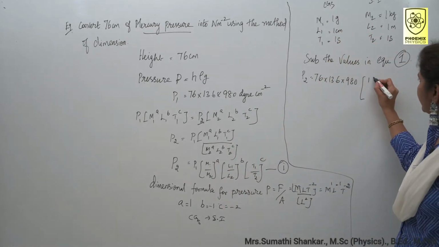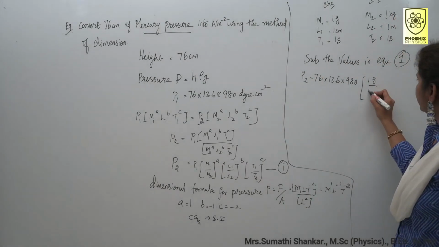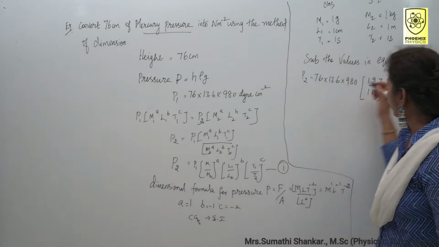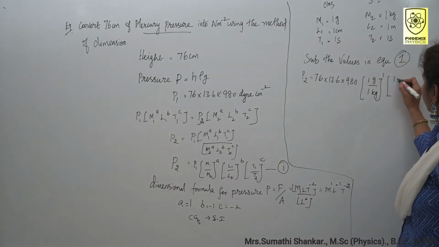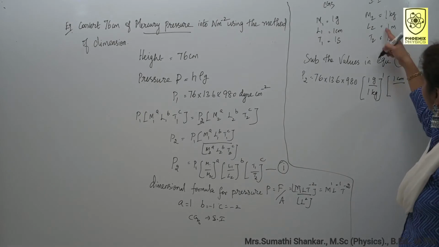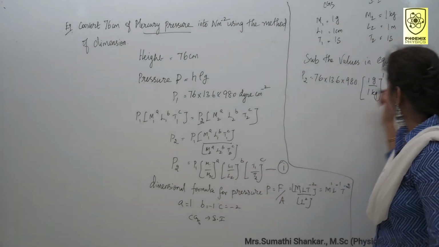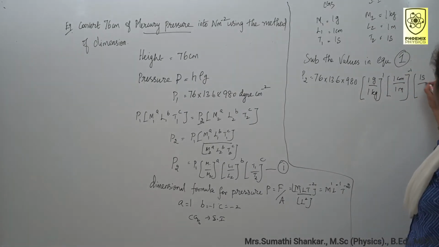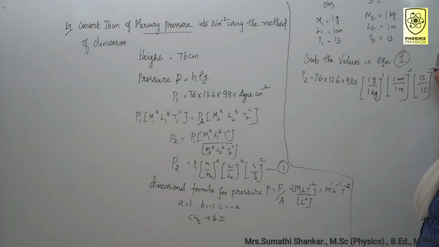M1 is 1 gram divided by M2, 1 kilogram, to the power A, A is 1. Then L1 is 1 centimeter, then L2 1 meter, then power B minus 1. Then T1 1 second, T2 1 second, then C is minus 2.